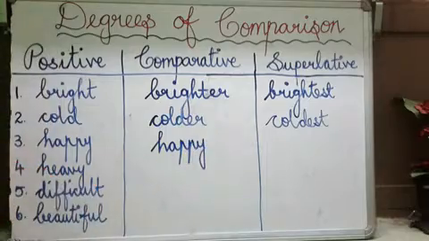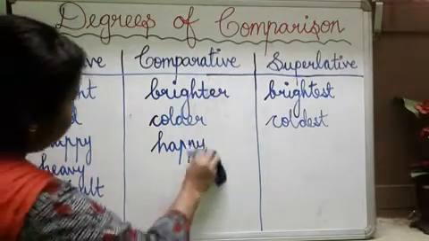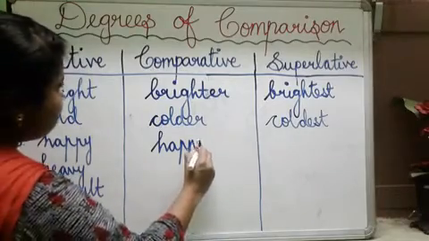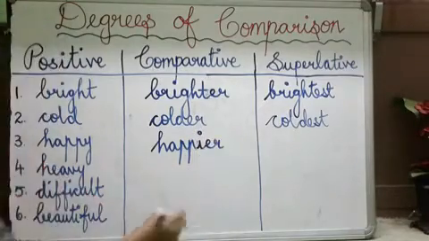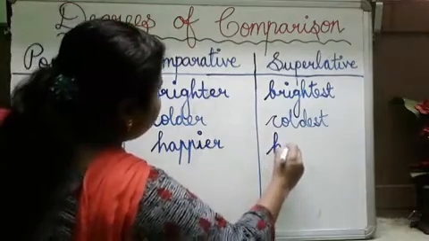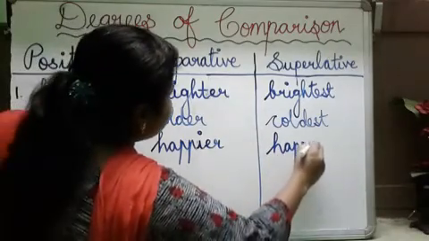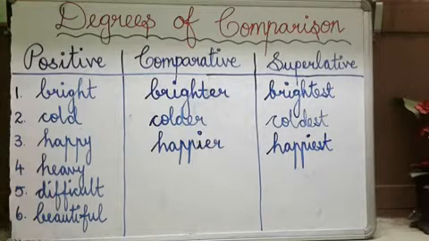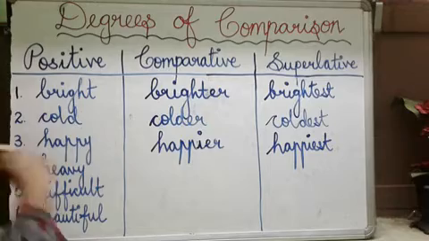Happy has two syllables, so how will you write it? Happier. You will not write yer. That y will change into ier, happier. And here it will change into happiest. Now heavy. How many syllables? Two syllables.